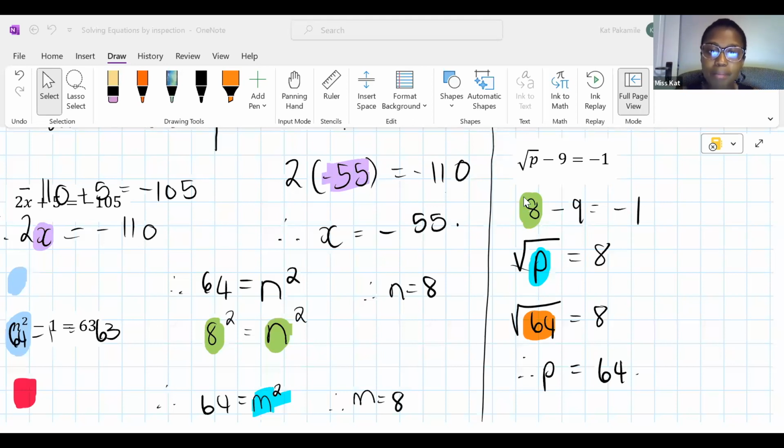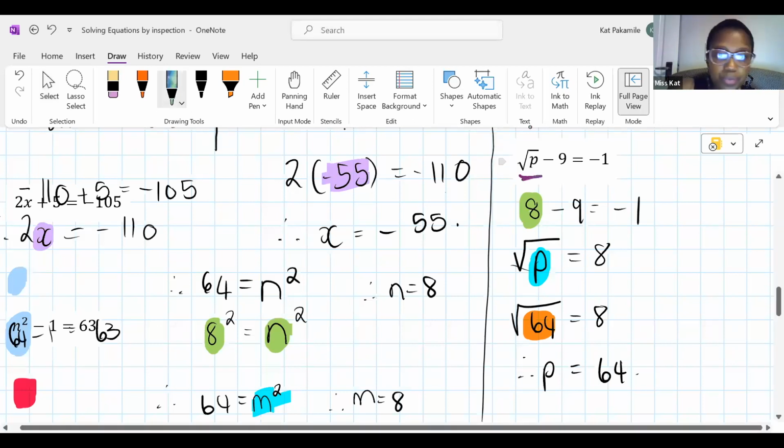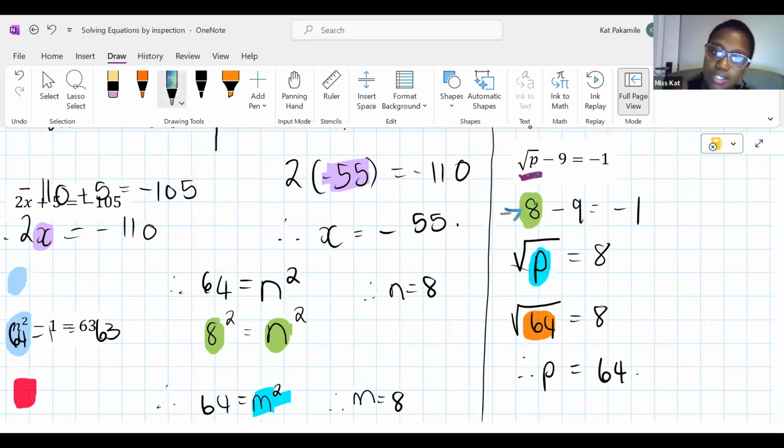There's only one number minus 9 that will give you negative 1, and that is what, Chief? 8. That's where we got 8. So you with me? Yes. Therefore, whatever was there has to be equal to 8.